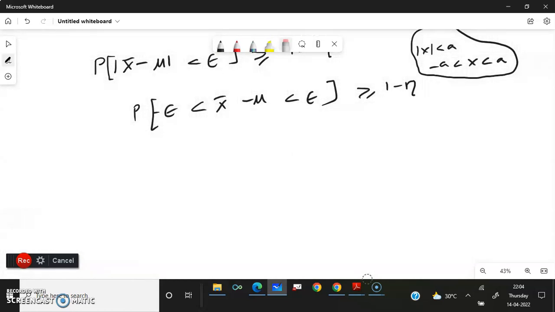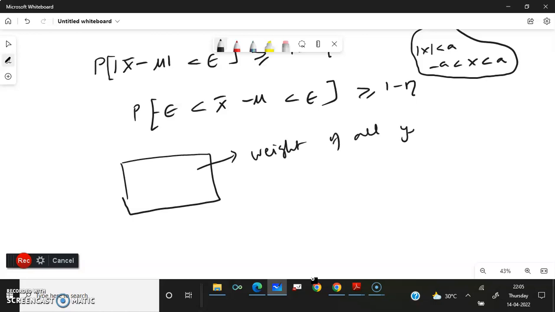Suppose the distribution of the weight of all young men living in a city is close to the normal distribution with mean equal to 65 kg, which is mu, and standard deviation equal to 25 kg.